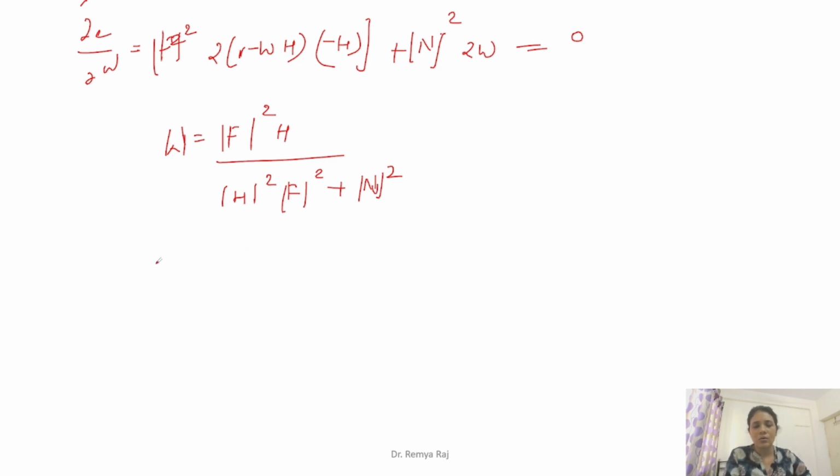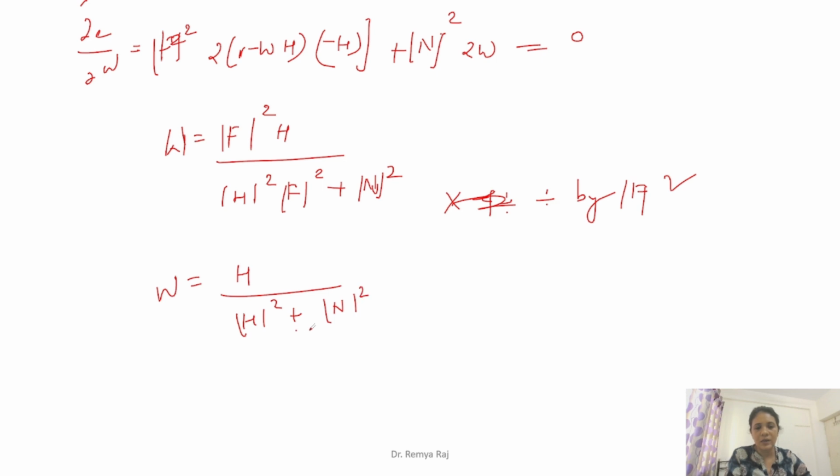So now in this you can divide this particular equation by f square. Then you will be getting W is equal to h divided by h square plus n square by f square.